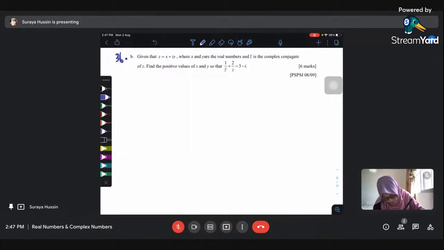Given that Z, okay, this time, guys, you will see a different kind of complex number. Your complex number is not always just A plus Bi until the end of the semester. No. Your complex number could also be X plus YI, or it can be written as Z equals X plus IY.